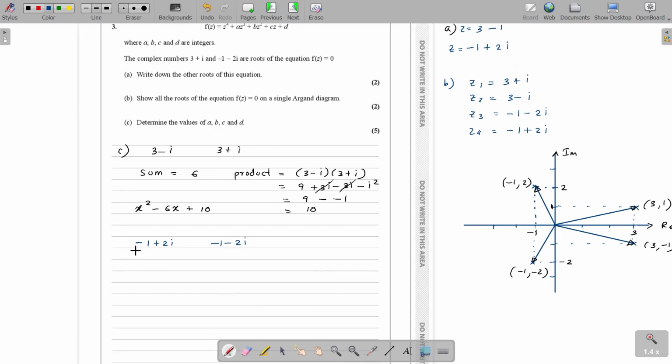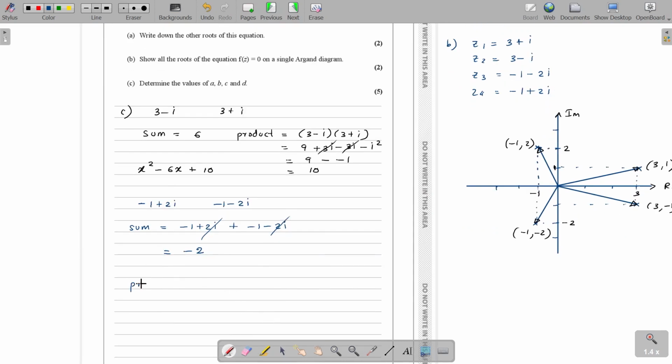So when you take the sum of the roots, minus 1 plus 2i, you add with minus 1 minus 2i, what do we get? Plus 2i minus 2i cancels, that's minus 2. The product: minus 1 plus 2i times minus 1 minus 2i. So minus 1 into minus 1 is 1.